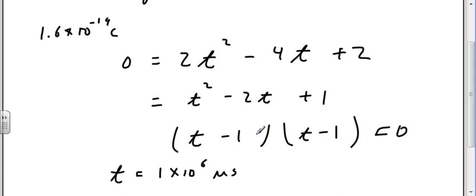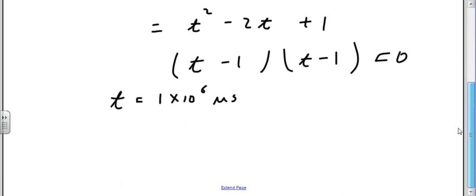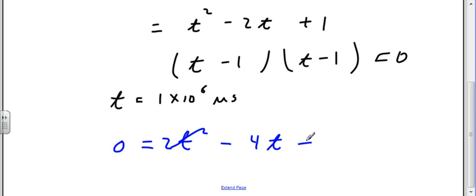And then we'll do it again with Q equal to 3. So I'm going to have 0 is equal to 2t squared minus 4t plus 1.